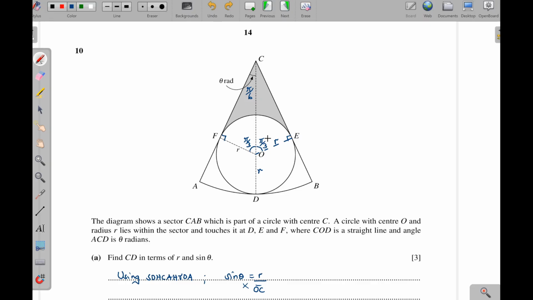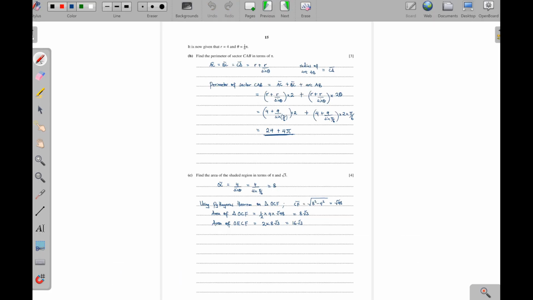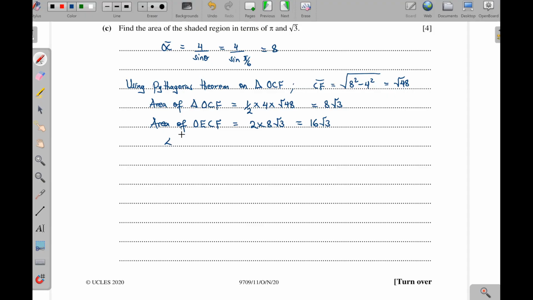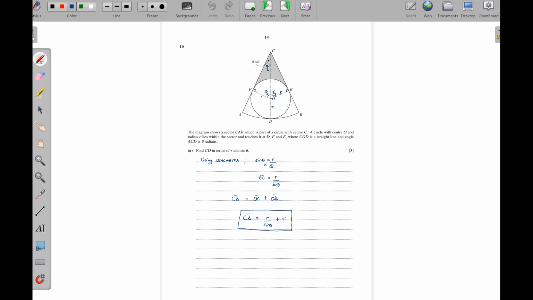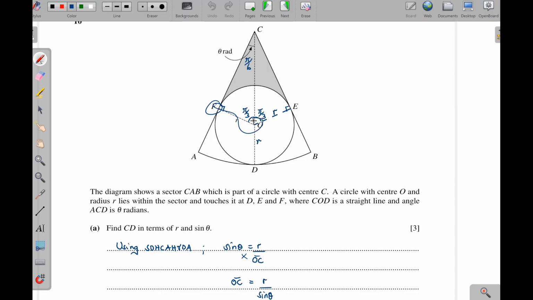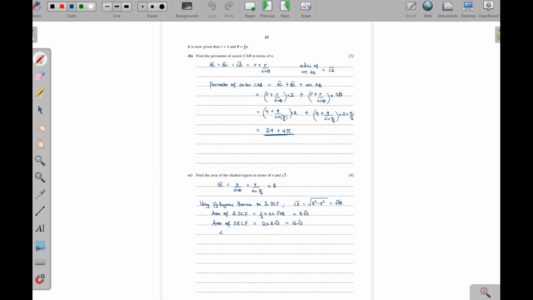So I will get the angle is pi over 3 times 2. You see that? So we get this one, then times 2. Then after that, that will be, I think, 2 pi over 3. So I will say that now angle FOC, okay, because we need it.